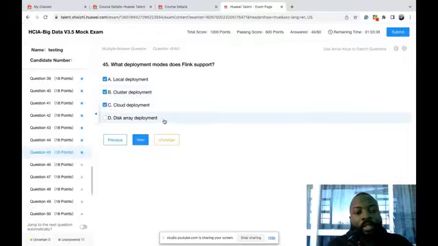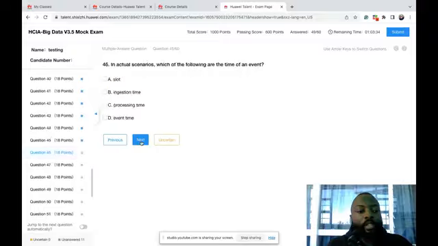Yeah, cloud disk array. In an actual scenario, which of the following are time of an event? We have processing time, yes, and the event time.